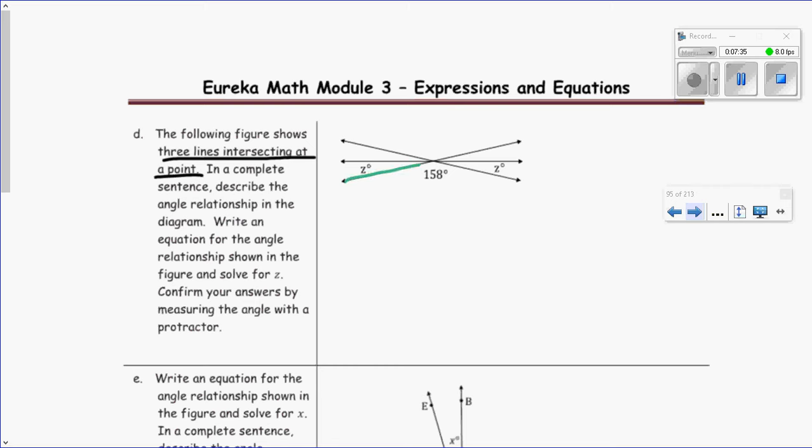So we know that this one is 158, and I can also see these 2 lines that I've highlighted. Do you see the 2 lines that intersect? That means that this side over here is also 158 degrees. Okay, I'm going to try to clean that up a little bit so it's not so messy. Here's the one line, here's the other line, and this is 158.